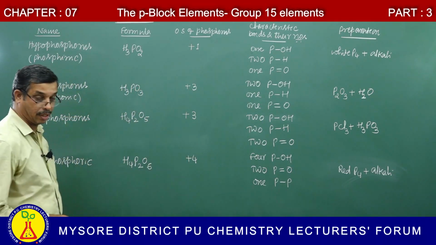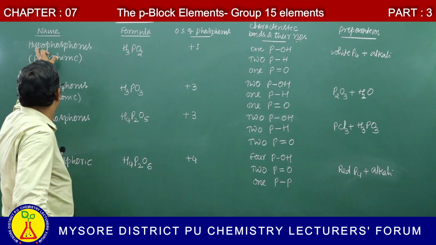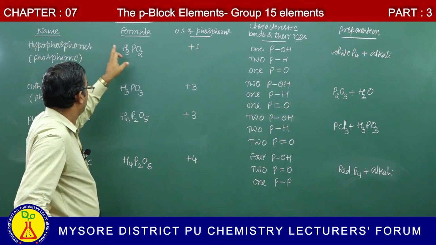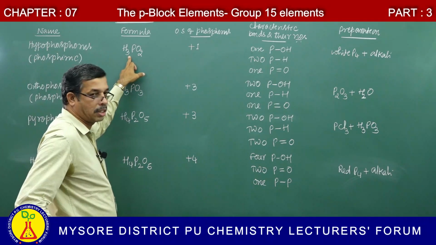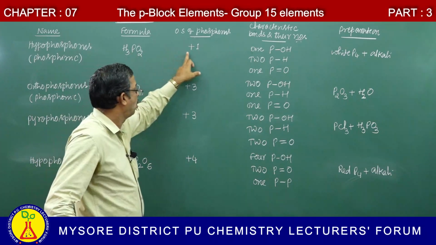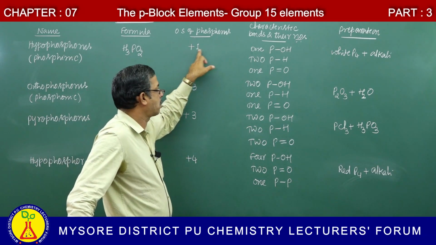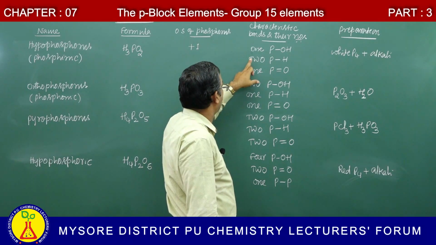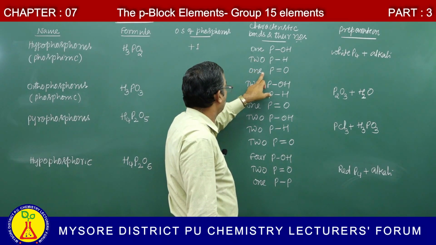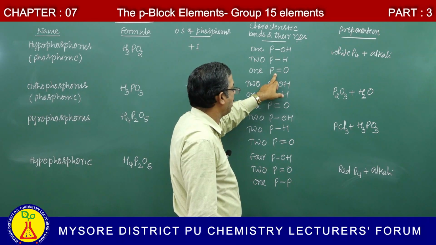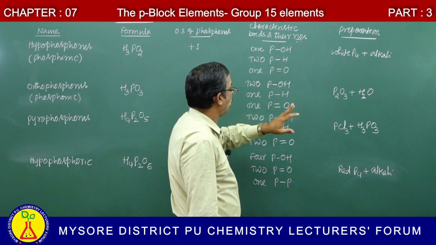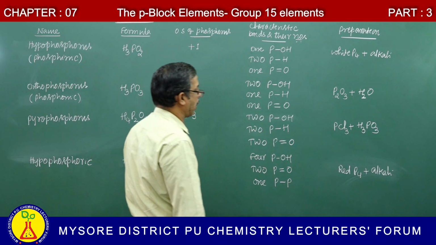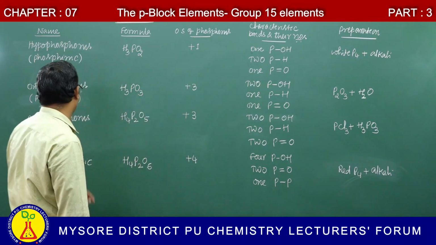Here, hypophosphorus acid, its formula is H3PO2, oxidation state of phosphorus is plus 1. It contains 1 POH, 2 PH and 1 P double bond O bonds. It can be obtained by treating white phosphorus with alkali.